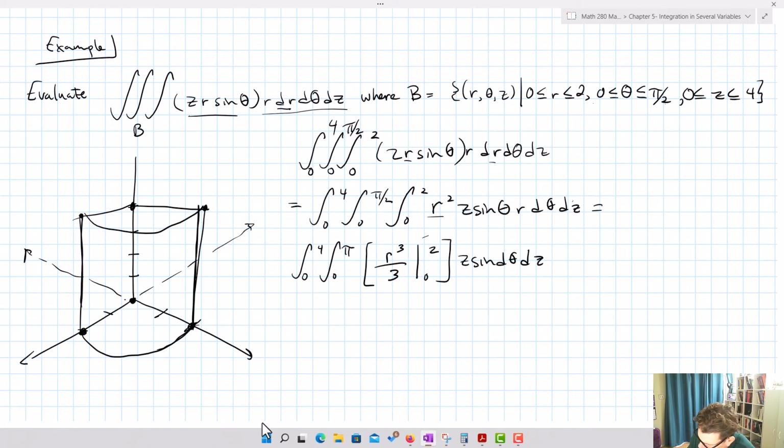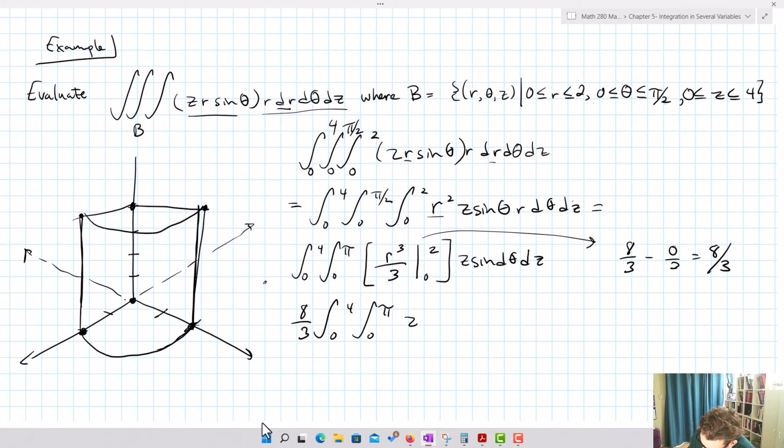Doing a little calculation here, this is 8 over 3 minus 0 over 3, which just equals 8 over 3. That's now constant, so we can pull it out. We'll make this 8 over 3 times the integral from 0 to 4, 0 to pi over 2 of z sine theta, d theta dz.